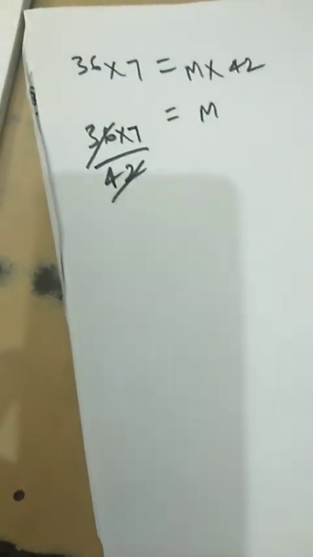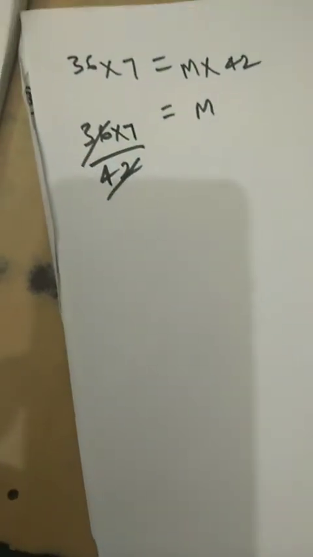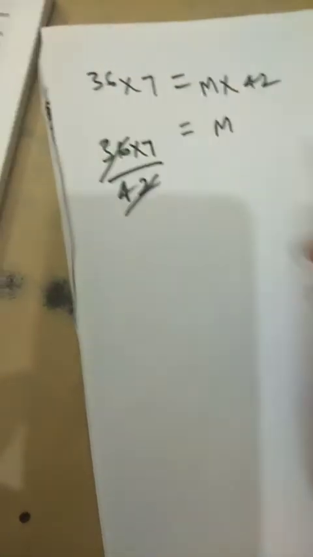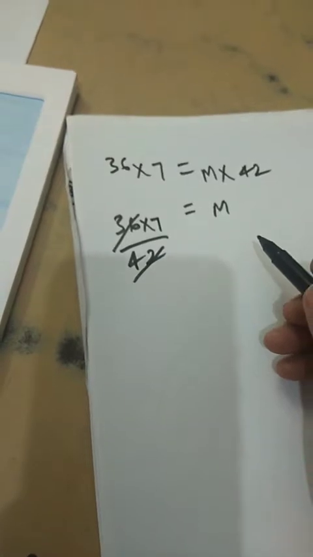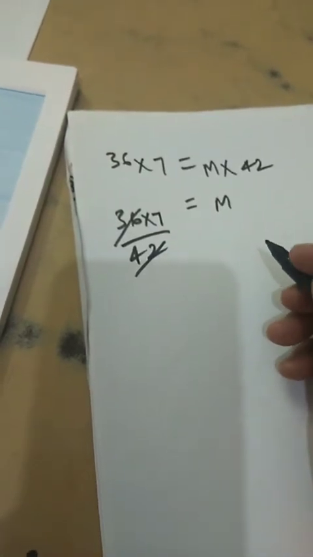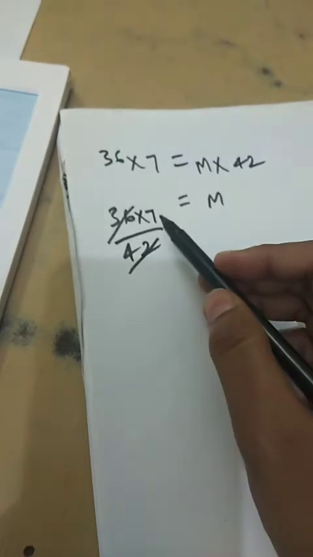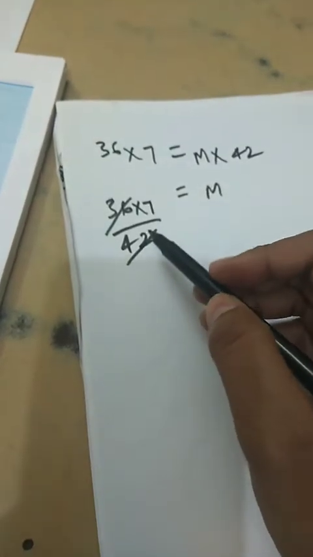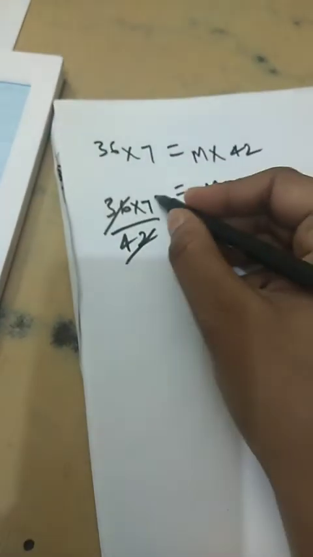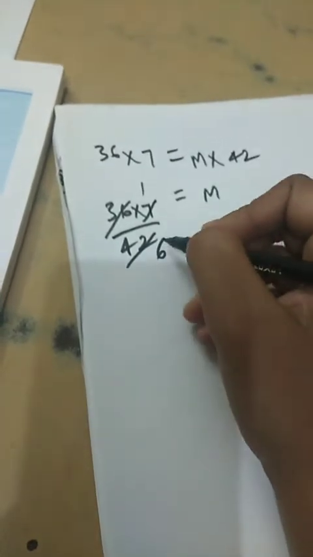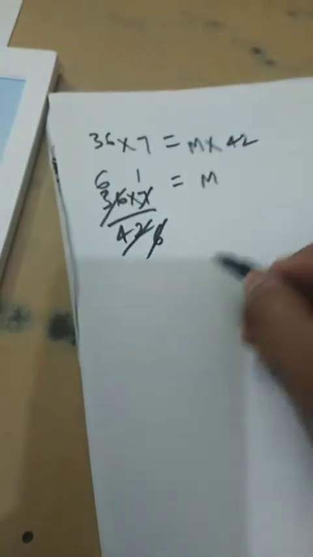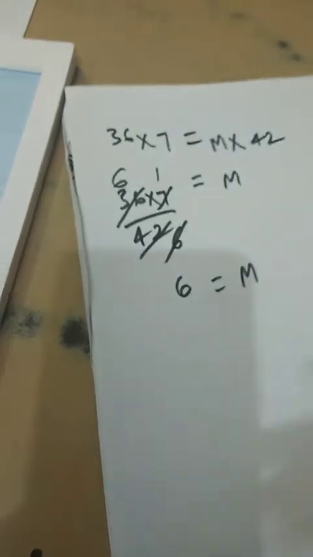You can write in a box, but you don't have to cross multiply in these questions. So 7 ones are 7, 7 sixes are 42, 6 ones are 6, 6 sixes are 36. So 6 men will be needed.